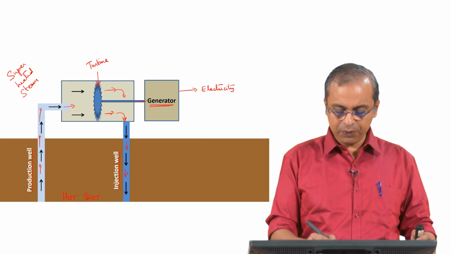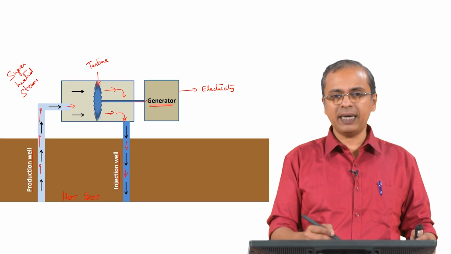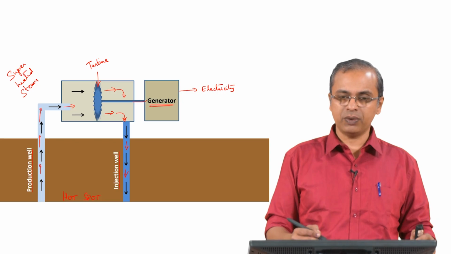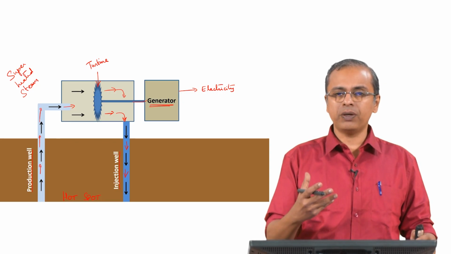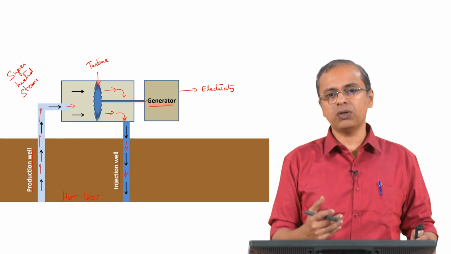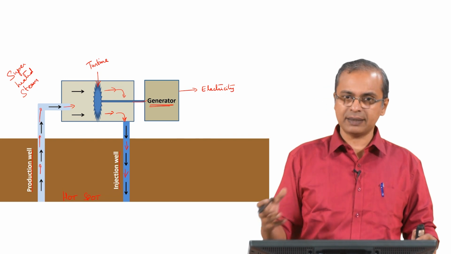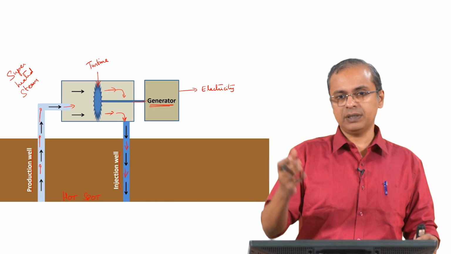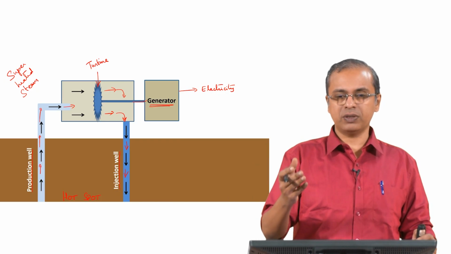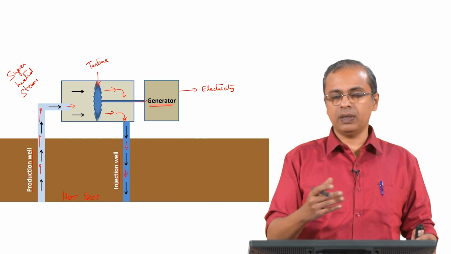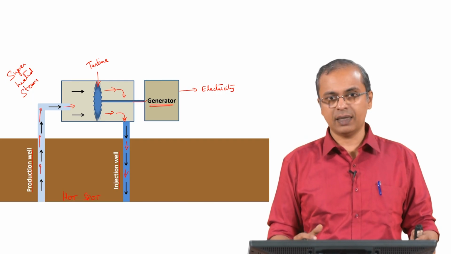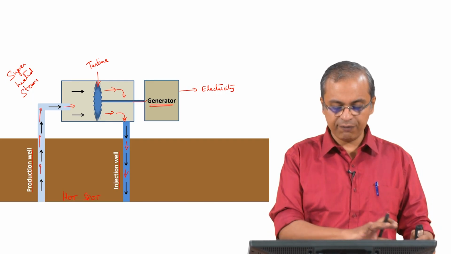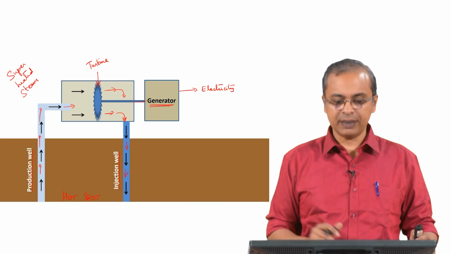If you directly put steam back in here, it may not be as effective in terms of going back down into the injection well, and it may still have some energy. You have actually not fully captured the energy if you are just sending it back as steam. Steam which was superheated significantly is now steam that is either just about saturated or just marginally superheated. So, you have not fully captured all the energy that is available in this process if you just do what is being demonstrated by the schematic.